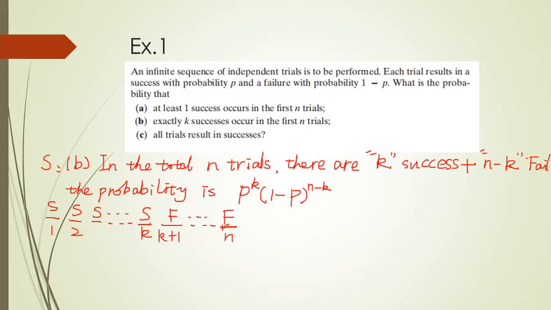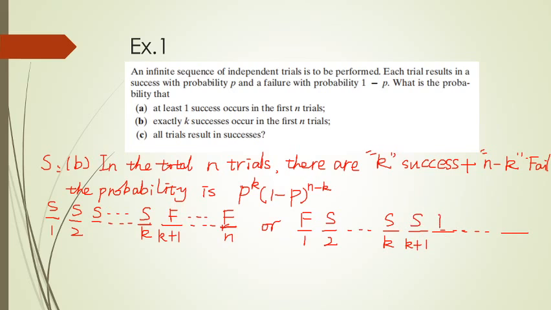You might have it in this way, or, for example, the first one is failure, then starting from the second one until K plus 1 are successes.